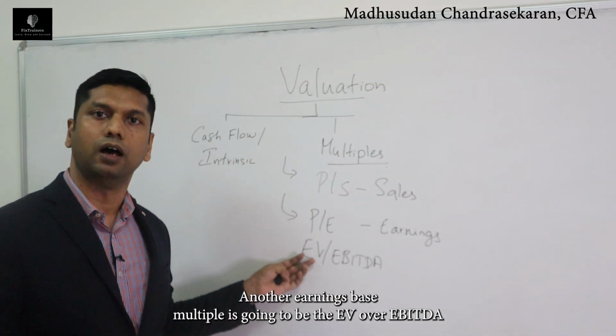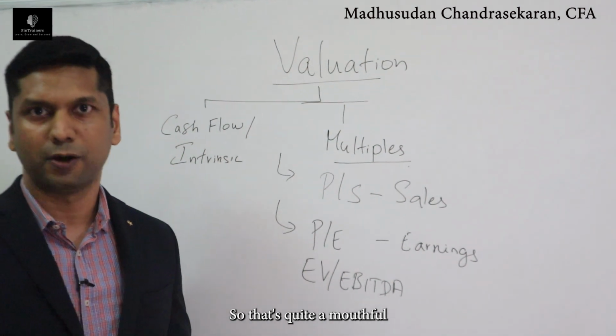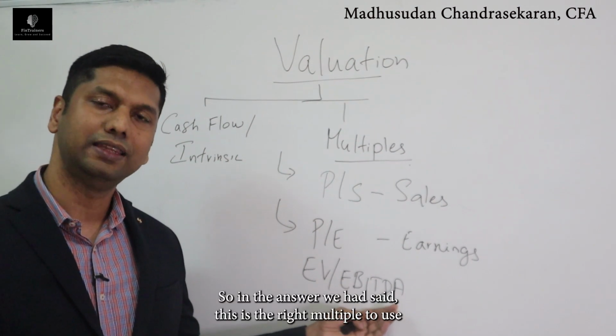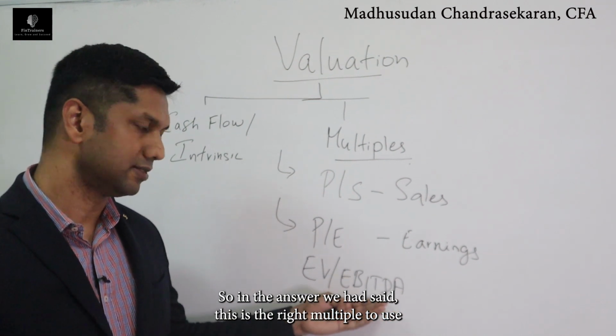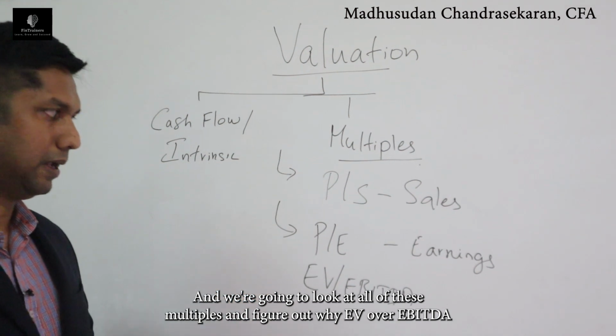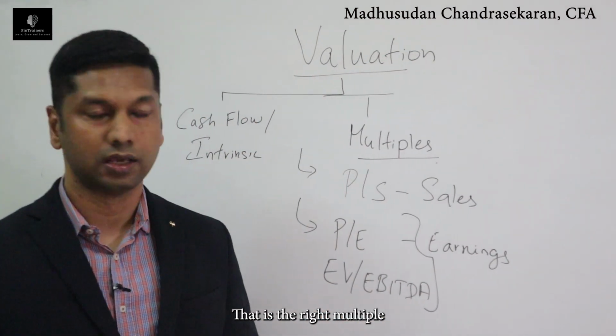Another earnings-based multiple is going to be the EV over EBITDA. So that's quite a mouthful. Enterprise value over EBITDA. So in the answer we had said this is the right multiple to use, and we're going to look at all of these multiples and figure out why EV over EBITDA is the right multiple.